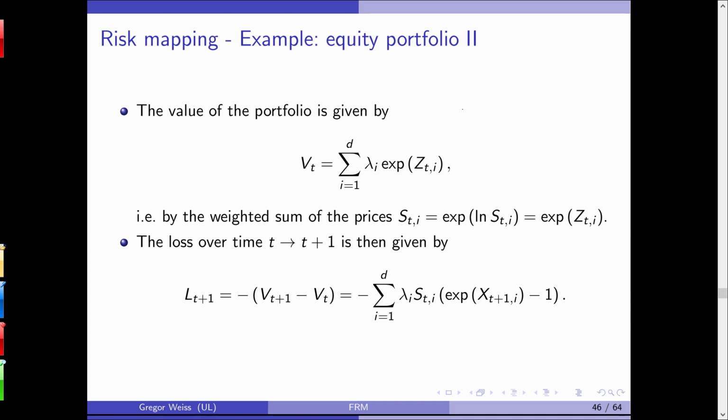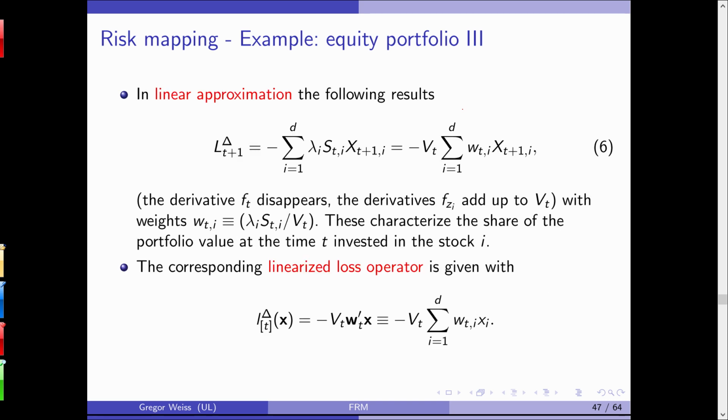The loss is actually the number of stocks times the initial stock price times the percentage change in the stock price. In a linear approximation, remember that we have this function for the linear loss approximation, which uses partial derivatives. In this case, it's quite simple.